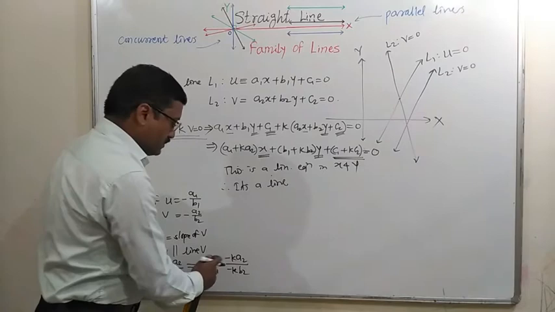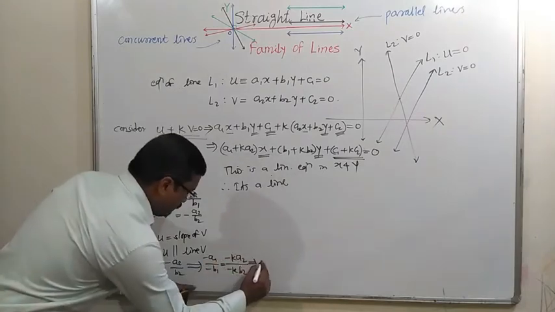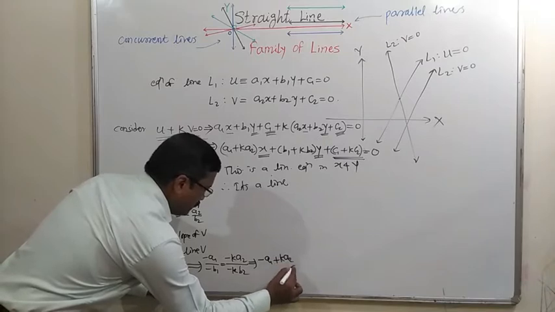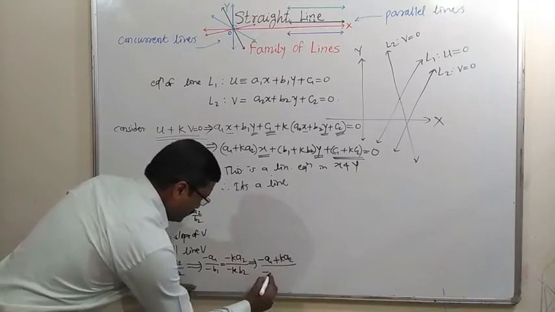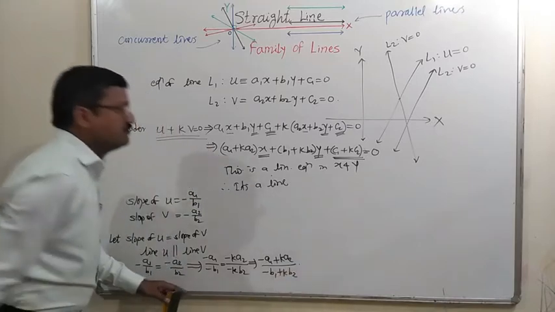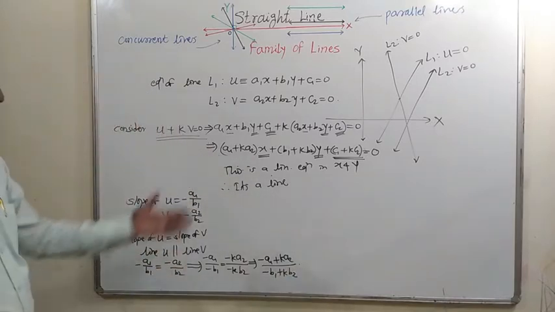Now add these two, so that we get here minus A1 plus kA2 upon minus B1 plus kB2. Let us see here.